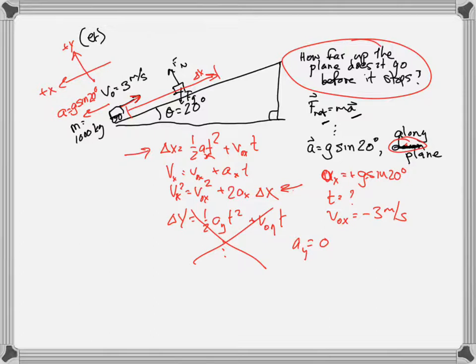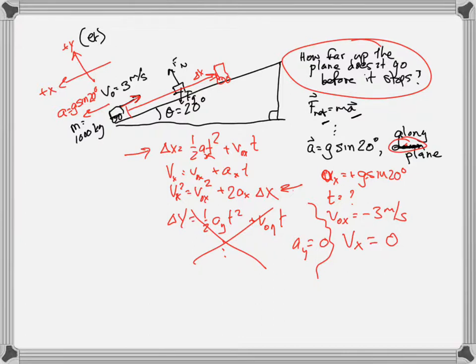Do we know Vx final of the car here when it stops? Trick question, right? When it stops, Vx final is 0. And that's it, right? There are 4 variables. Okay, so that's what we know and what we don't know.